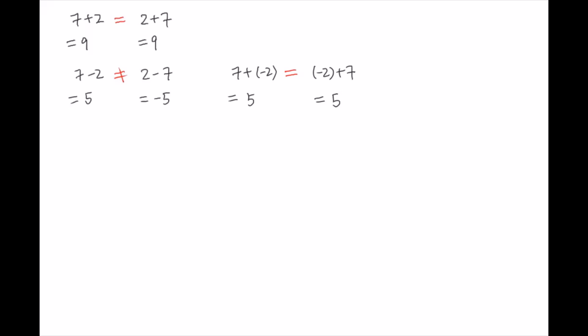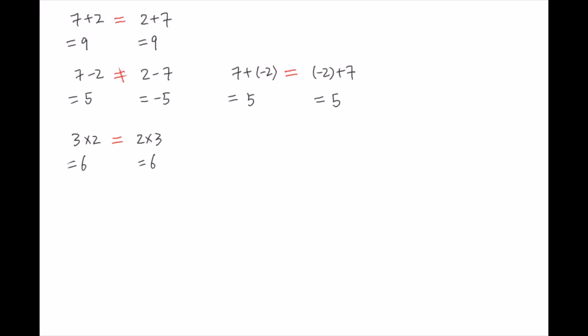So let's see some examples about multiplication and division. 3 by 2 equals 6. 2 by 3 equals 6. So both sides are equal to each other.